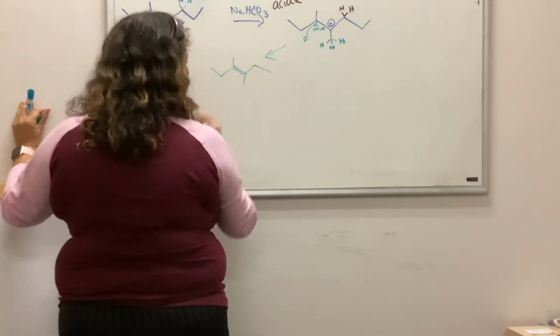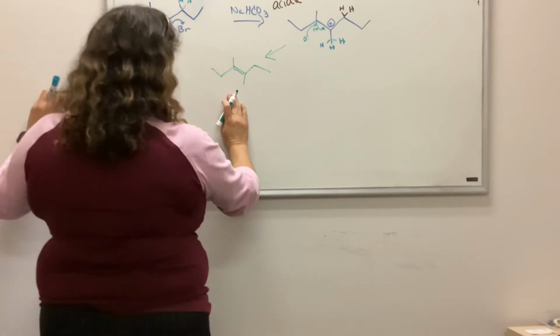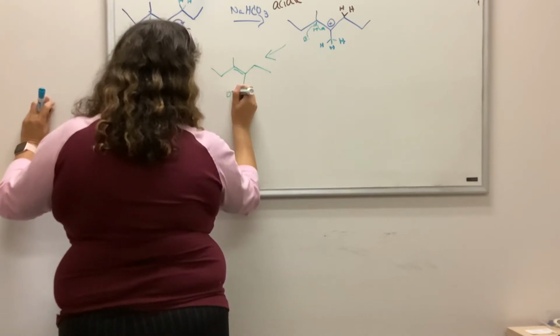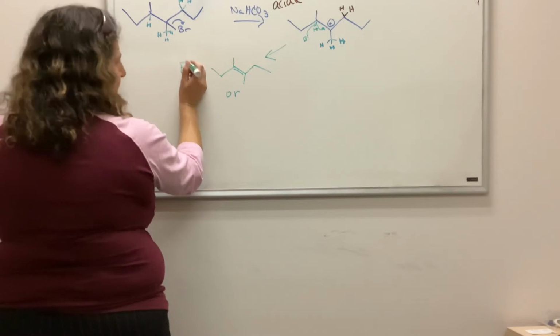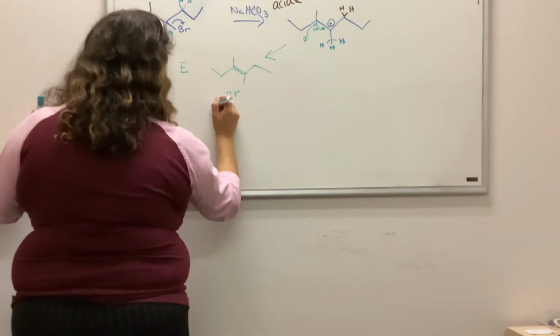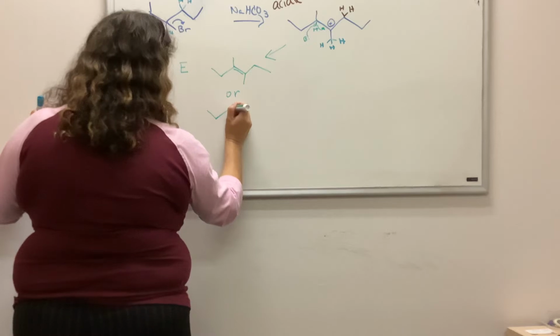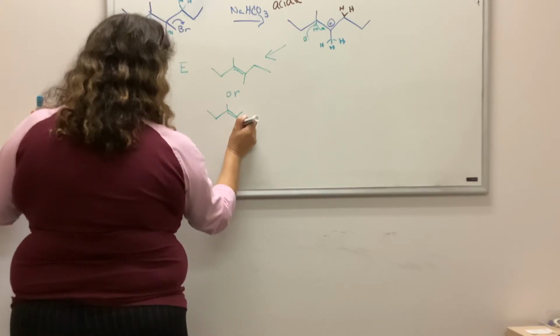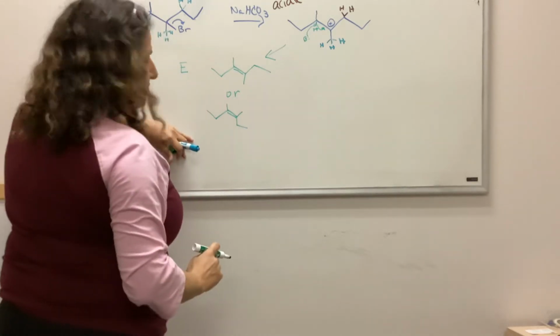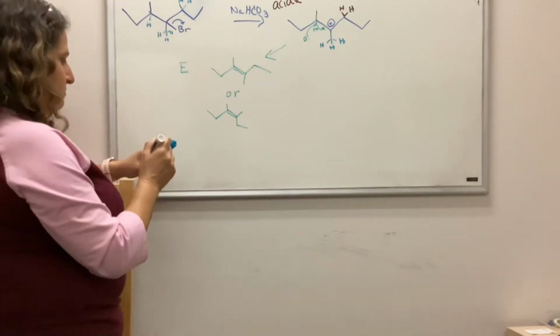I can have this, or, right, this one would be Entgegen, or I could also do the cis version where both my methyls are pointing the same way and both my ethyls are pointing the same way.